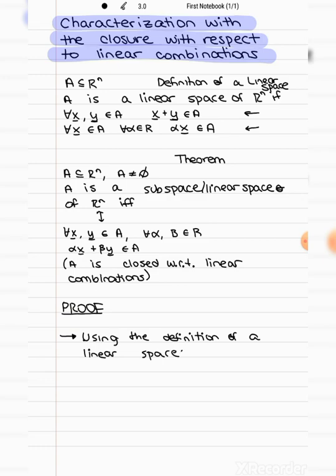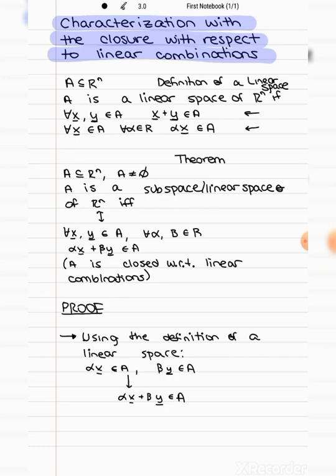So this means that alpha times x must belong to A, and also beta times y must belong to A. And then if these are two different vectors using the first property, then alpha times x plus beta times y, so the sum of them, must also belong to A. So here we're just saying that if we can individually say that the sum of two vectors and also the multiple of vectors have to belong to the set, then also the sum of the multiples has to belong to the set.